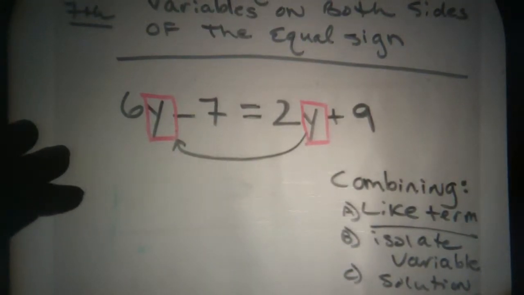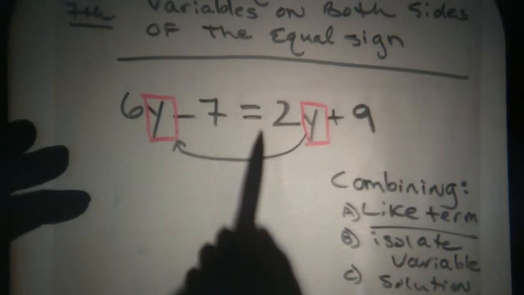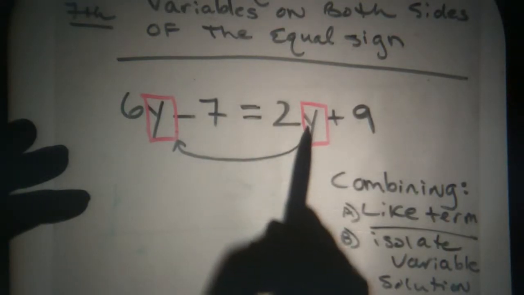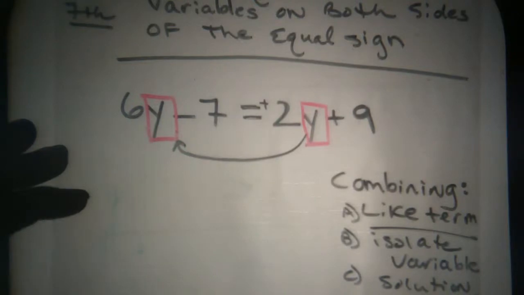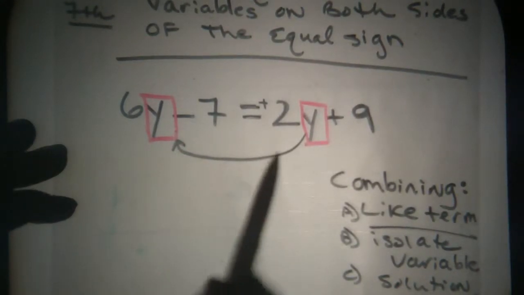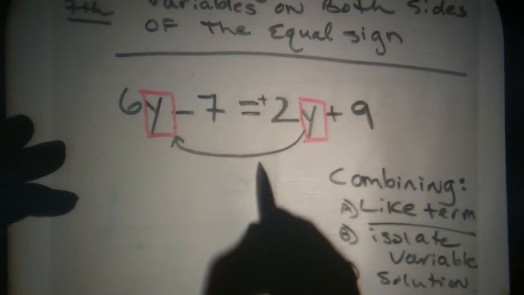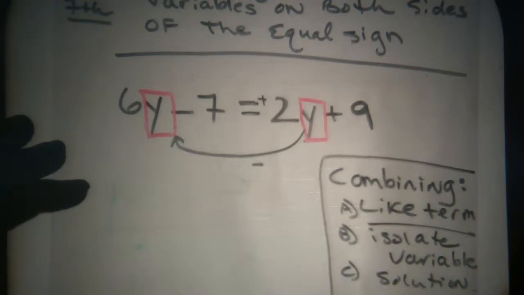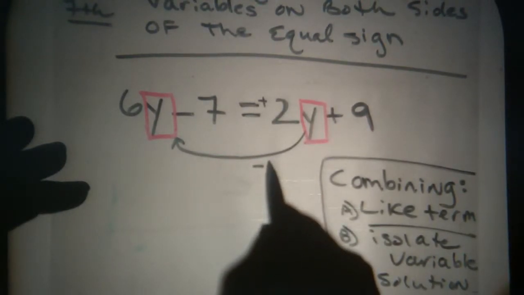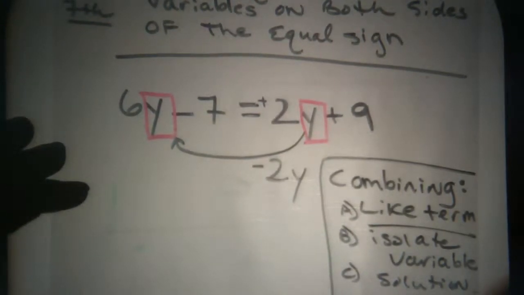How do we do that? We take the inverse operation or the opposite operation. So if this is a positive 2y, anytime there's no sign, we have to assume it's a positive number. So we will do the inverse or the opposite operation, which is a negative or subtraction of 2y.